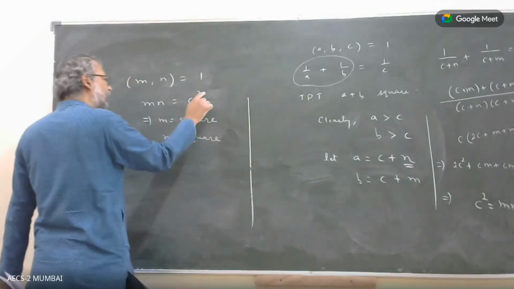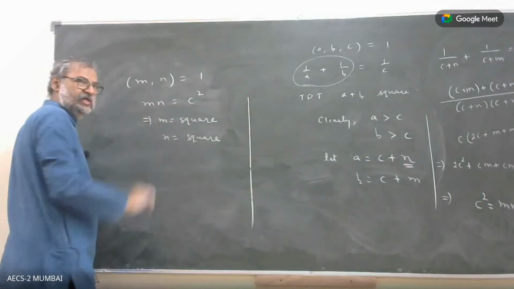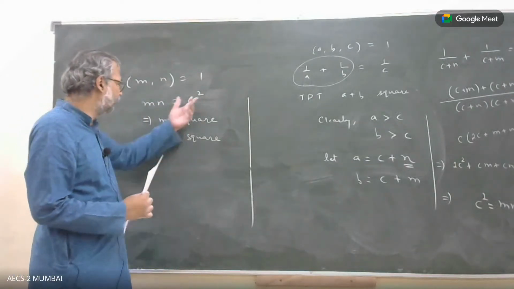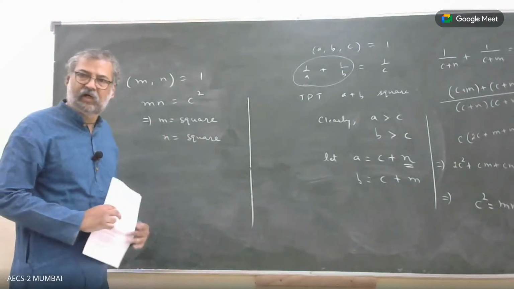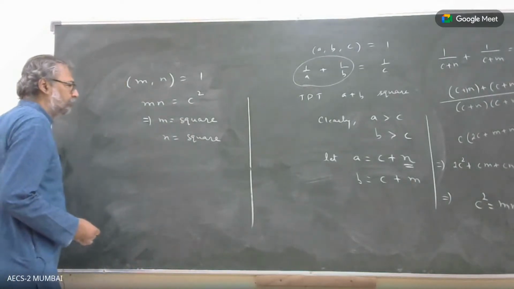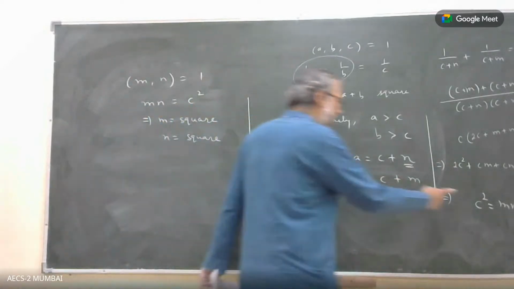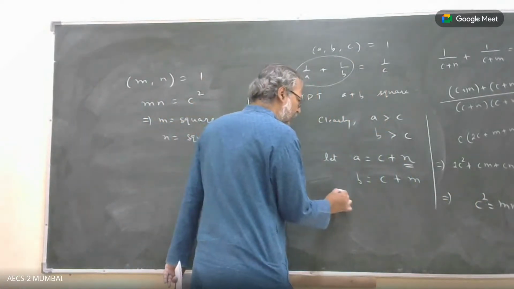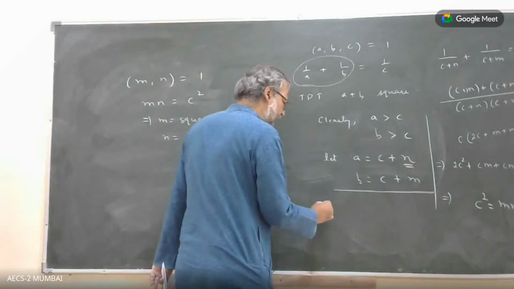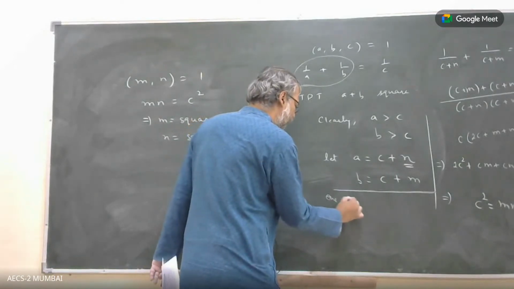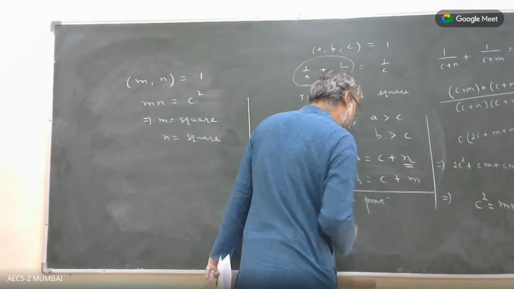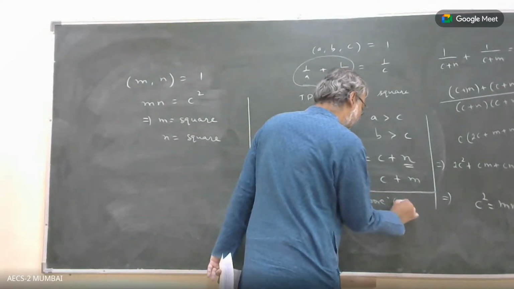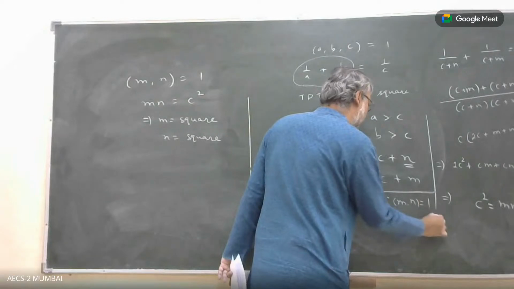More generally, if the product is a cube, m is a cube, n is a cube. If it is a fourth power, m is a fourth power, n is a fourth power. One can prove that. I am not going into those details.